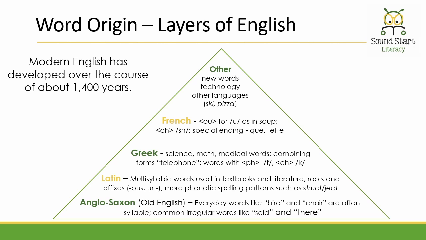As you can see, we have many different complexities that are caused from the word origins changing over time, and it's something that's continuing. So we're always borrowing words from other languages. As new technologies are invented, new words are also created. So this is something that adds to that complexity when students are learning to read and spell in the English language.